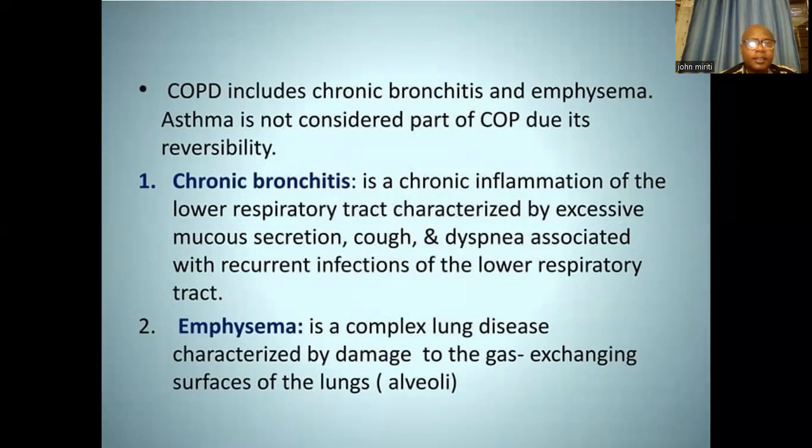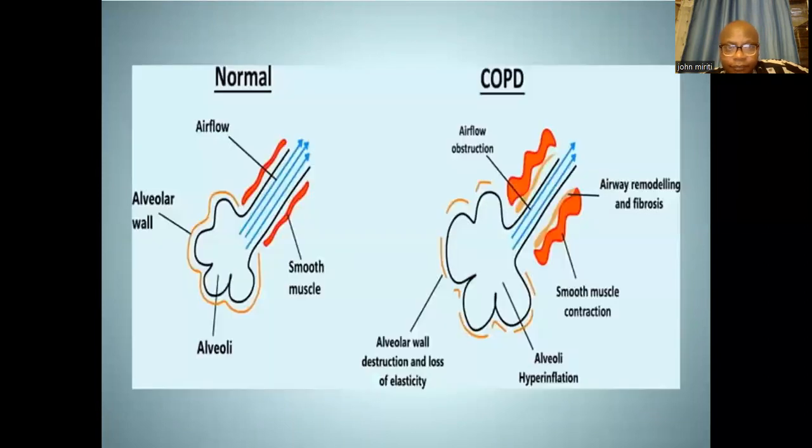So we have chronic bronchitis, which is associated with excessive mucus secretions, difficulty in breathing and recurrent infection of the lower respiratory system, whereas emphysema is associated with a problem of the alveolar spaces getting destroyed.